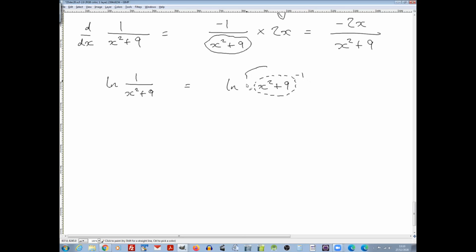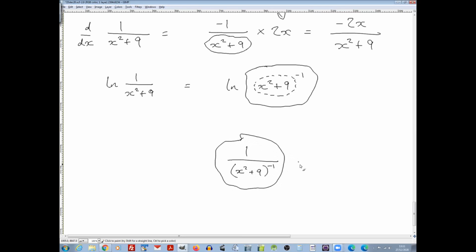So if we think of it as blob to the power of minus 1 inside, so yes, we've got 1 over this to the power of minus 1. But now we want to multiply by the inner function. What's the derivative of blob to the minus 1?